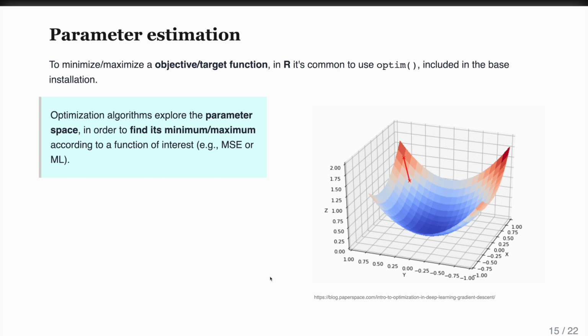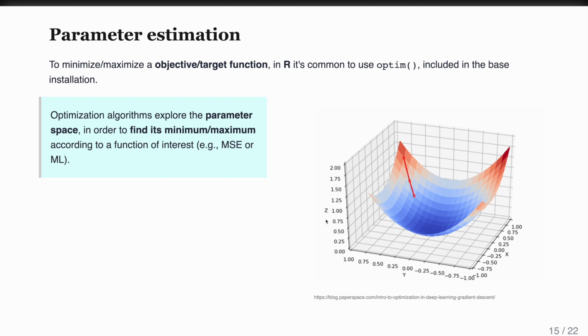What does it mean to optimize? Imagine that this is our parameter space, a sort of space created by our parameters. Imagine that this is, for example, beta, and this is, for example, gamma. And Z is the outcome of our objective function, which can be MSE or ML, maximum likelihood.